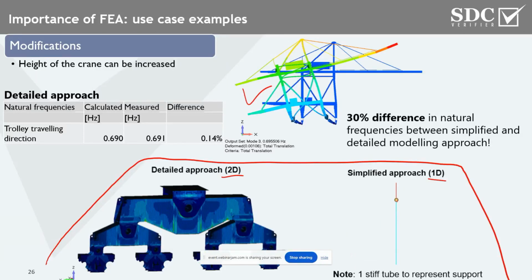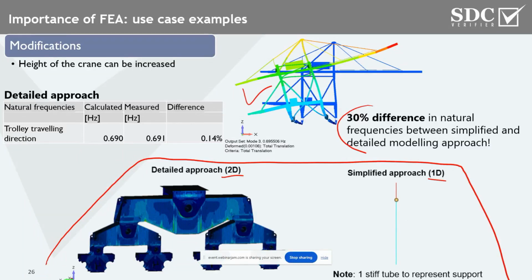Representing our supports as just one line, one stiff tube, significantly overestimates stiffness in the vertical direction. So the actual deflection is not accurately taken into account, and as a consequence, that results in a 30% difference in natural frequencies between these two methods, simplified and more detailed.